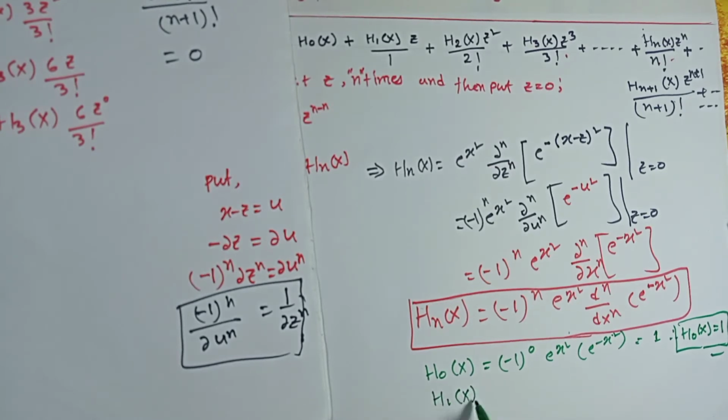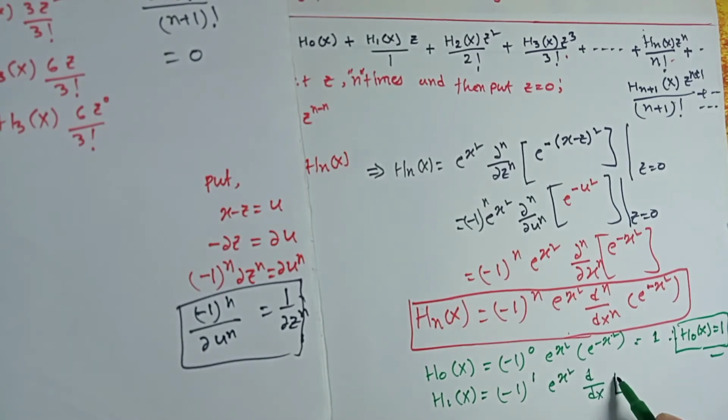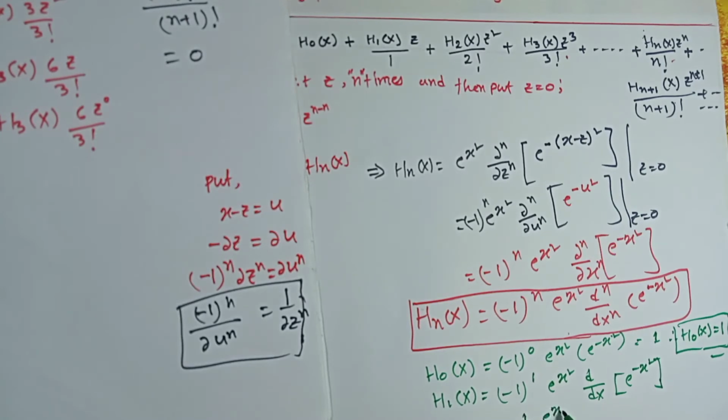Okay, so now what is H1 of x? H1 of x equals what? Then minus 1 power 1, okay, e to the power x squared d/dx, okay, e to the power minus x squared. Okay, then we get minus 1 e to the power x squared, differentiating e to the power minus x squared we get e to the power minus x squared into minus twice x.